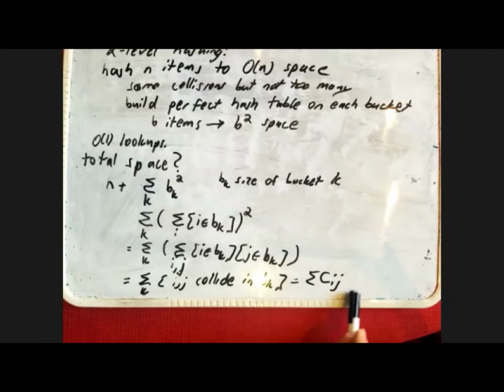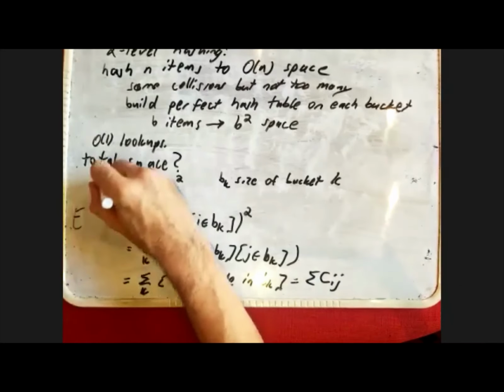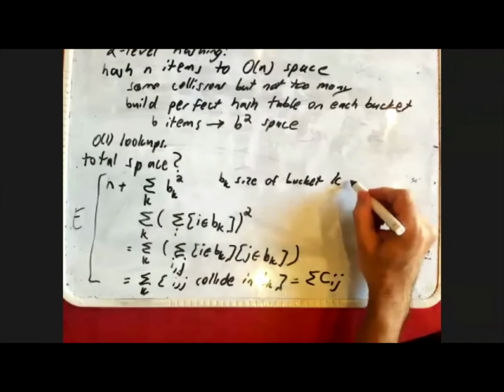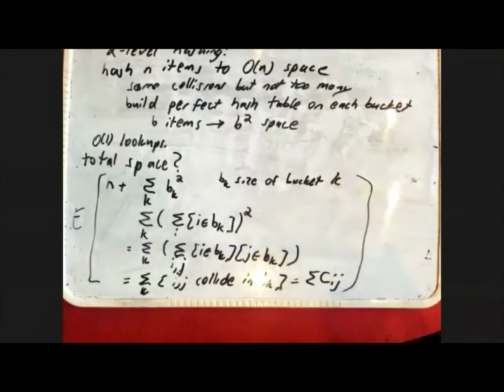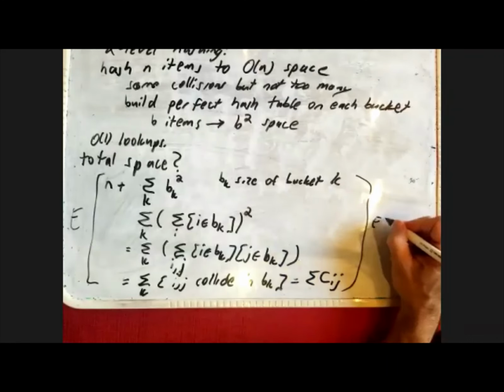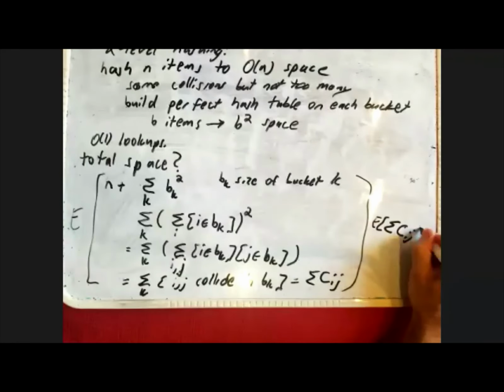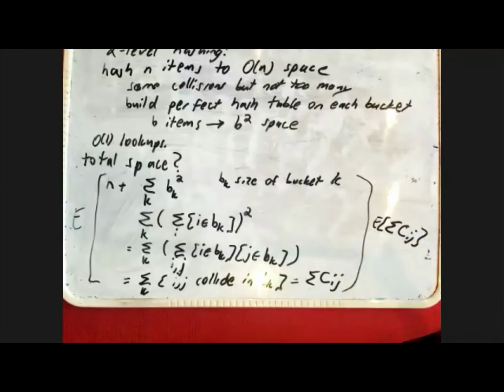Now, what do we know about this value? Well, now I can put an expectation around the whole analysis, right? And say the expected number of collisions is the expected value of the sum of the CIJs. What is that expected value?